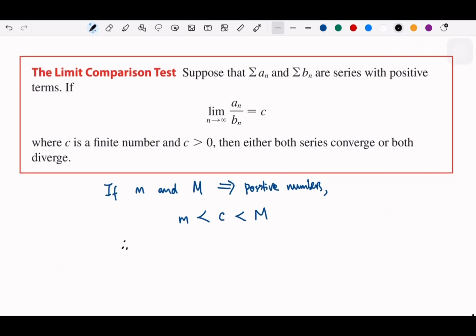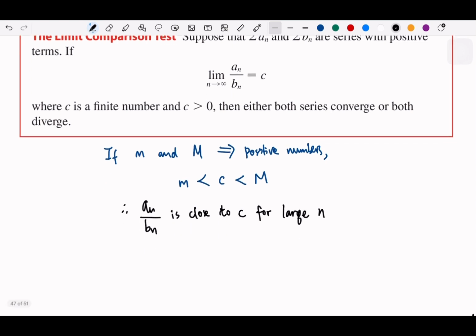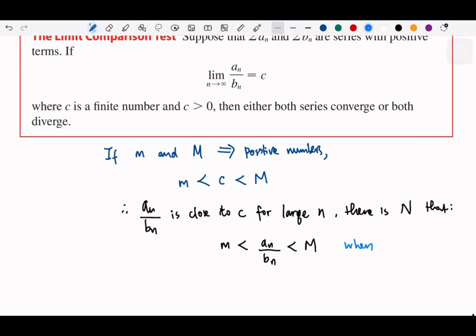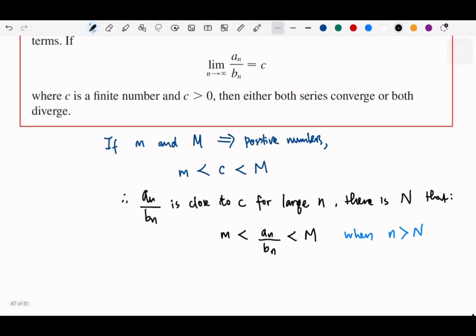And we set the definition here, an over bn is close to C for large N. There is the big N that, so we change the C with the an over bn because it's close to C. This is when n is larger, in our case larger than this integer capital N, and then we could see that this will be in between these two.